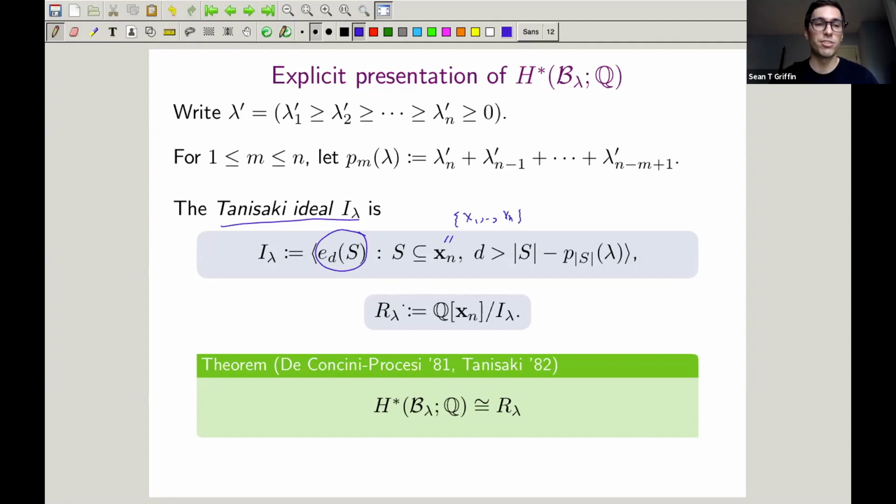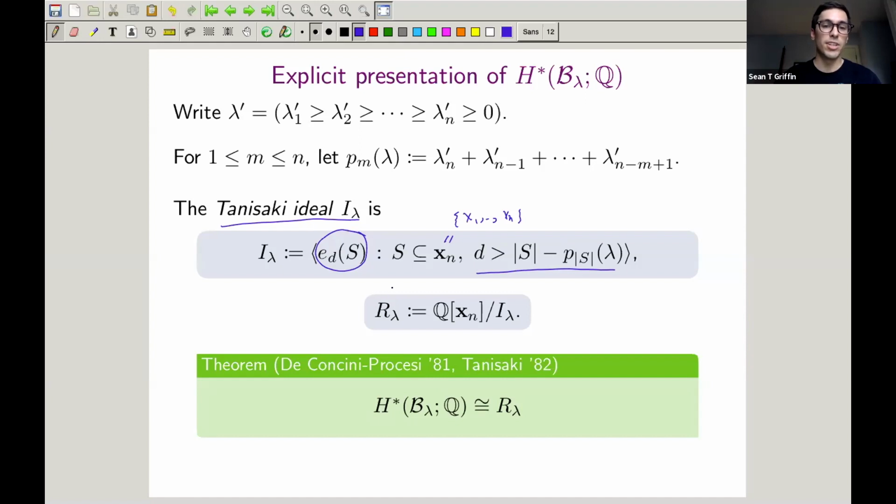And the generators you take are the ones that satisfy a certain inequality on the size of the subset. So p here is a statistic just summing up the last few parts of the partition. And it's not so important for this talk what that ideal actually is, but know that you can write it down, you can put it in a computer and start computing things.